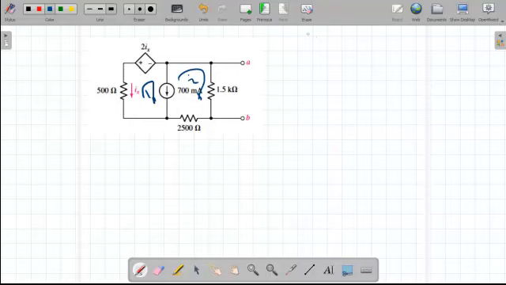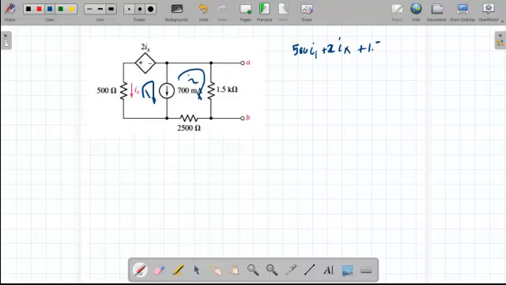So I will write 2 equations. For this one, it becomes 500 I1 plus 2 Ix, this source. Then I cannot go through this source, so we form a supermesh between 1 and 2.